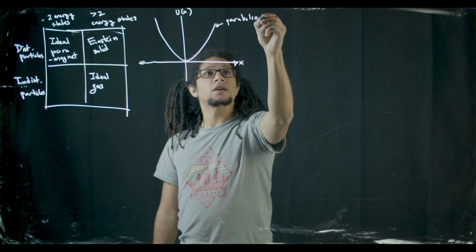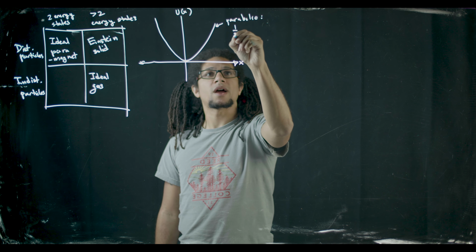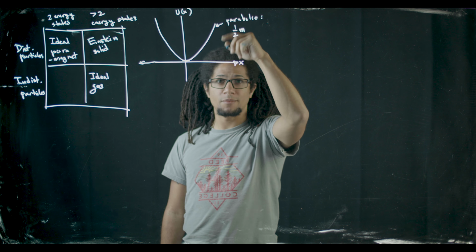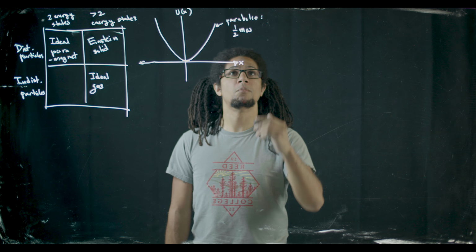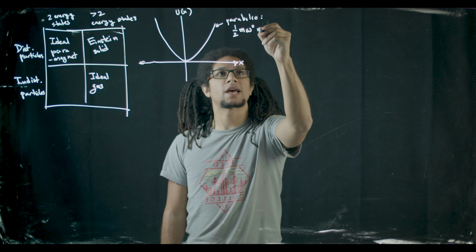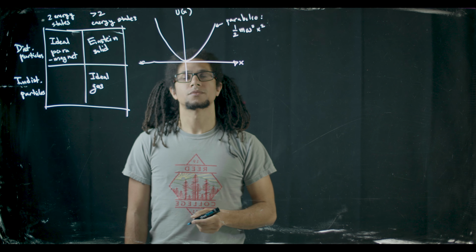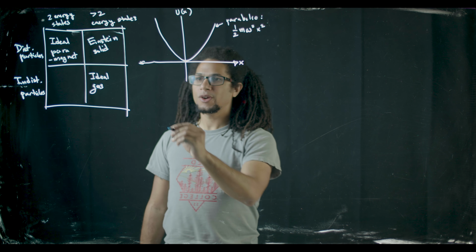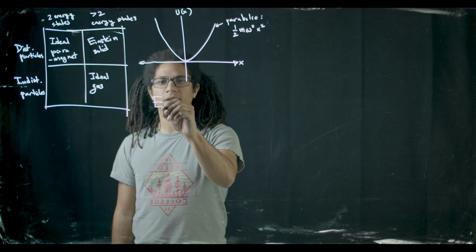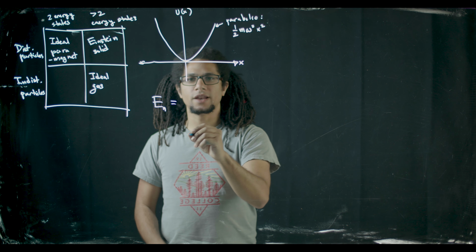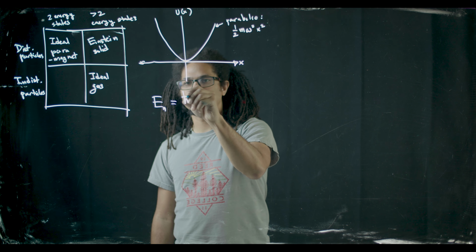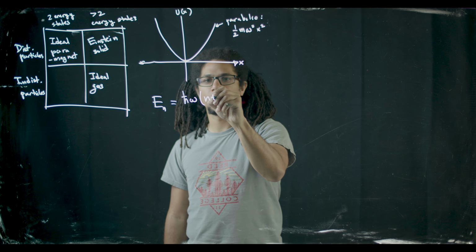And it's a parabola given by 1/2 times m, where m is the mass of the particle, times some parameter omega squared times x squared. Good. And we find in quantum mechanics that the energy eigenstates here are given by E_n, which is h bar omega times n plus 1/2.